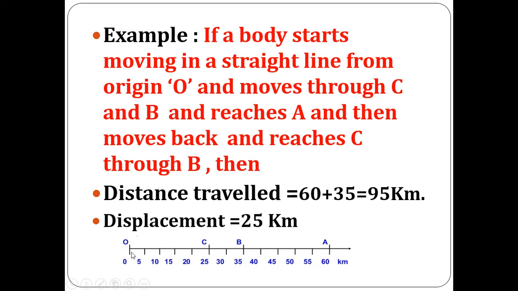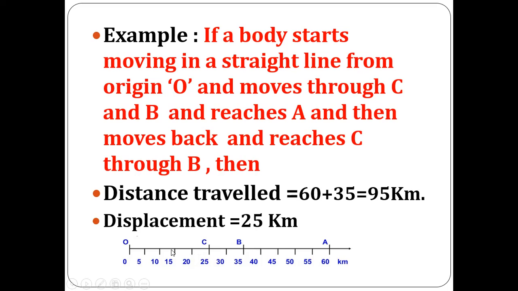Here you can see in the picture, the object starts to move in a straight line from the origin O, moves through C, then to B, and reaches its final position A. Then again from A it moves back to B and reaches C through B.